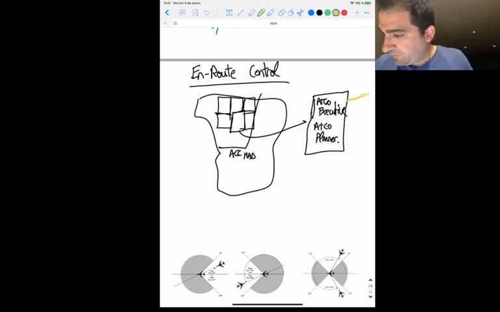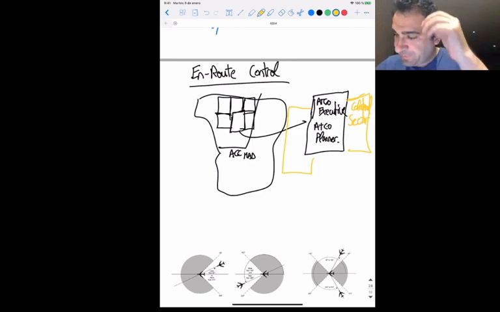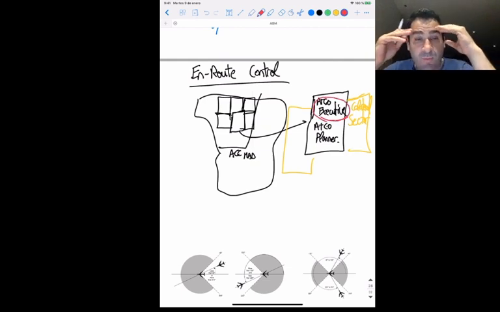Here we will have something called collateral sectors, one to the right, another to the left, and the executive is the one actually monitoring the evolution.